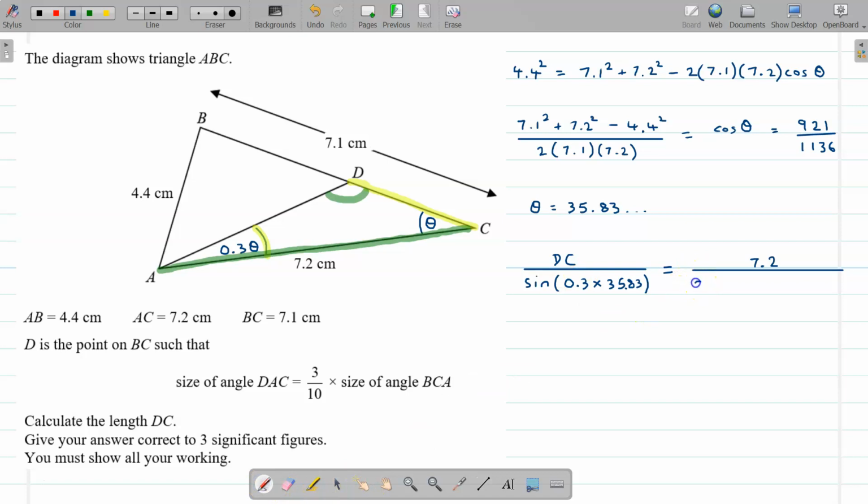And that is the sine of 180 minus, well, if I'm taking away theta and 0.3 theta, then I'm taking away 1.3 theta. So it's 1.3 times 35.83.